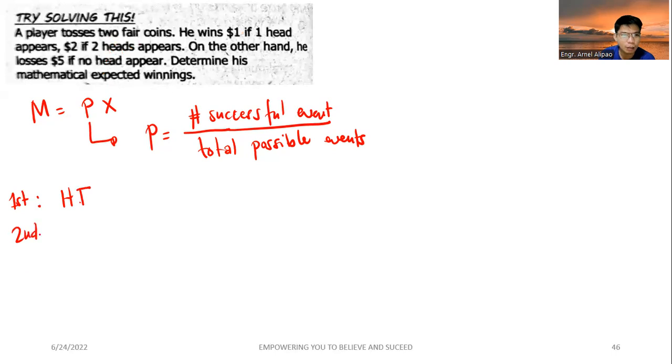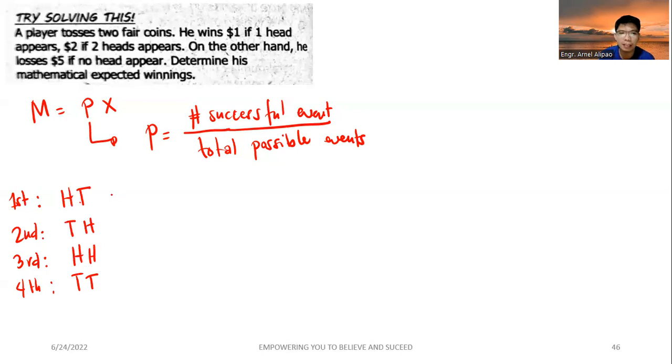The second event could be tail first, and then the other coin is head. The third event is head and head, both heads. And the worst event, the fourth event, is tail and tail.